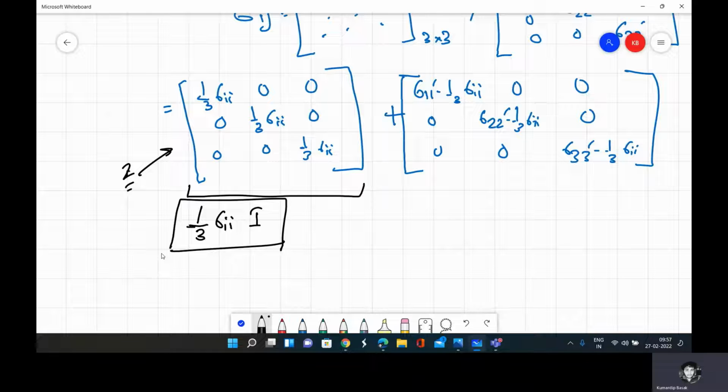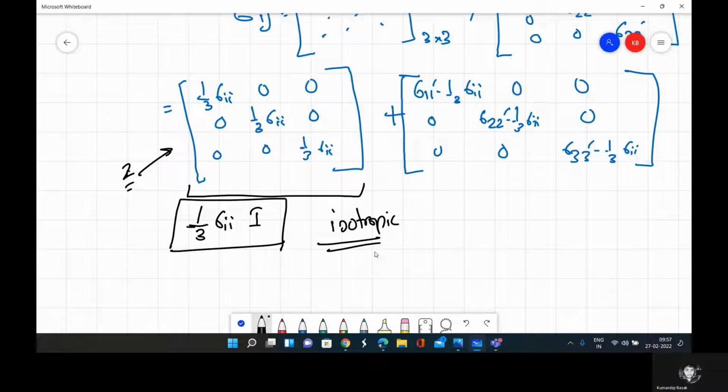So it is rotationally invariant. Therefore, it is an isotropic matrix. It has a spherical symmetry. It is the same in all directions.